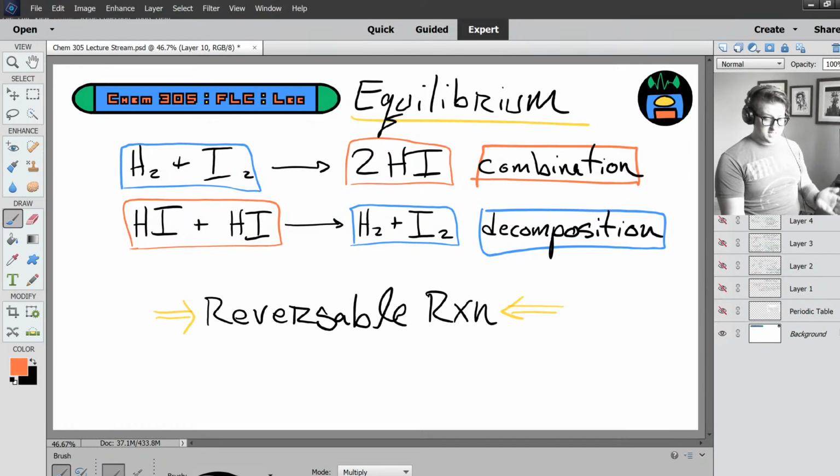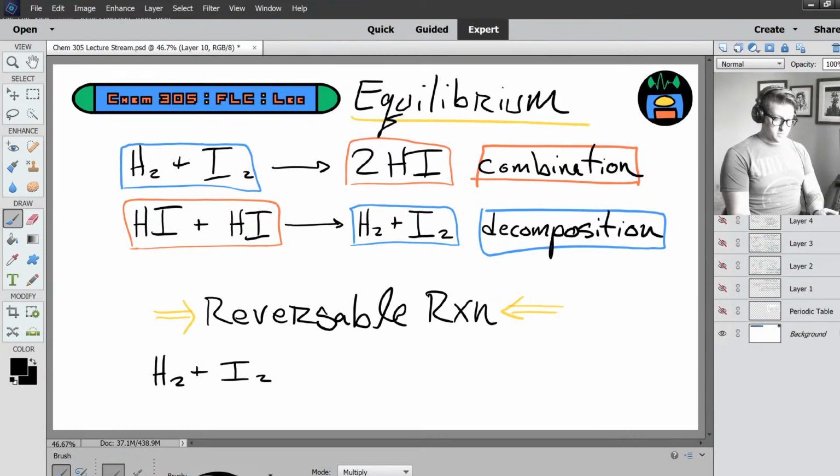We can write a reversible reaction like so. There's one reaction where H2 and I2 react to make 2HI, and then there is another reaction where two molecules of HI react to make H2 and I2. H2 and I2 reacting is called the forward reaction.